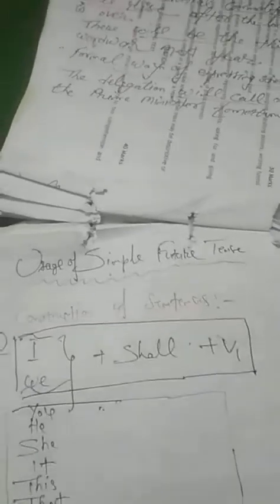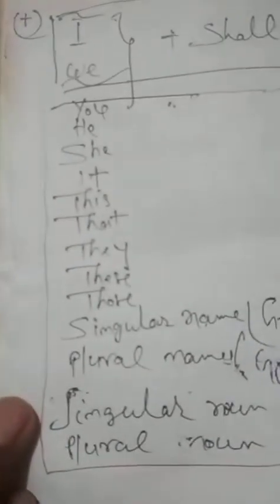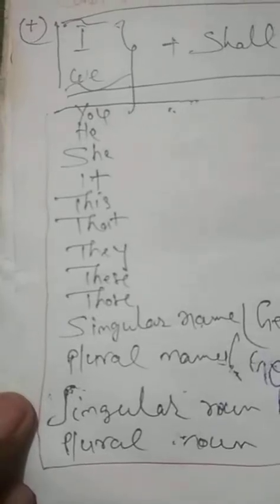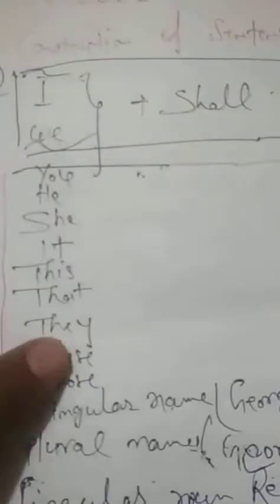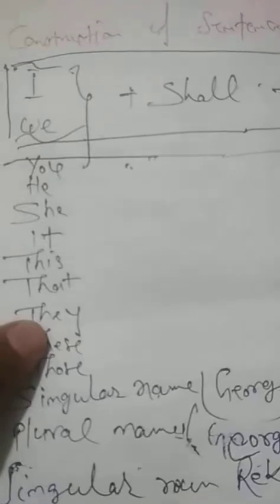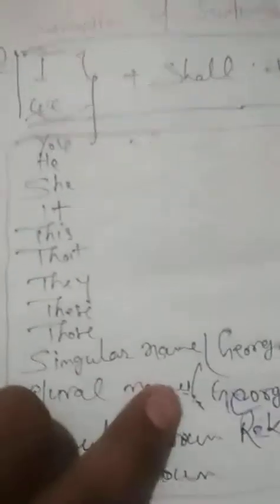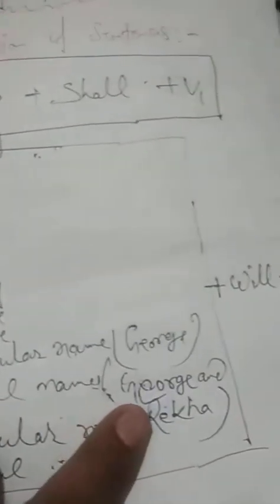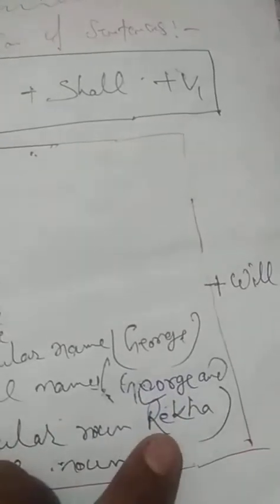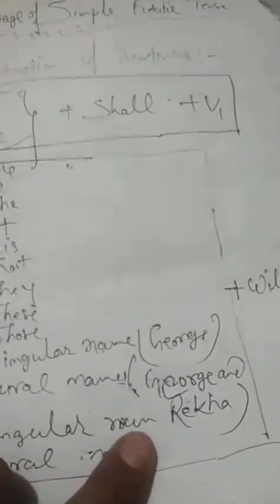But if you find the subject you, he, she, it, this, that, they, those, these, a singular name, suppose George, or plural names, for example George and Rekha, two or more names, a singular noun, a book, plural nouns, suppose two books, then we use will.